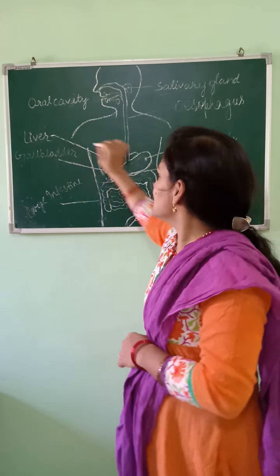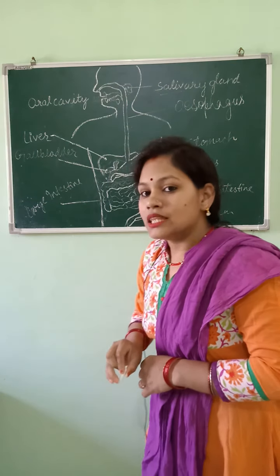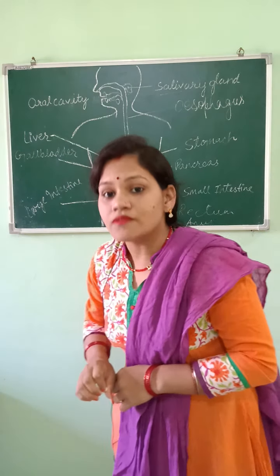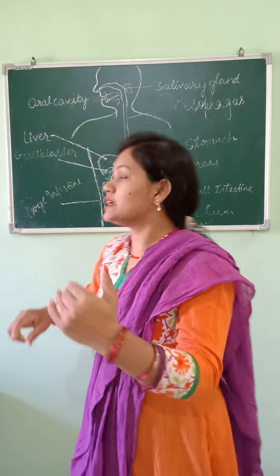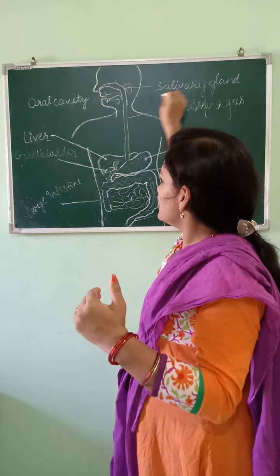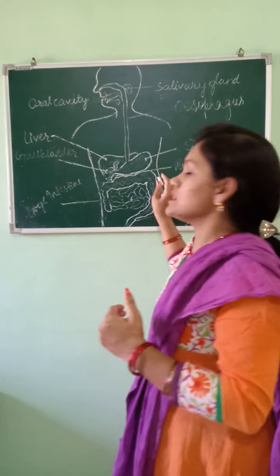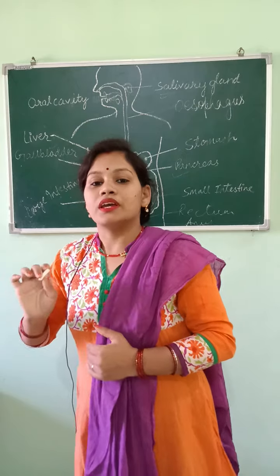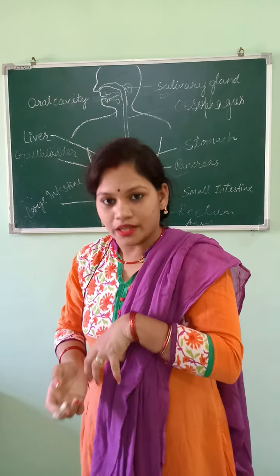These 3 glands are also responsible for digestion. They secrete digestive juices, and these digestive juices secreted by the salivary gland, the liver and the pancreas help in the digestion of the complex food which we take in.